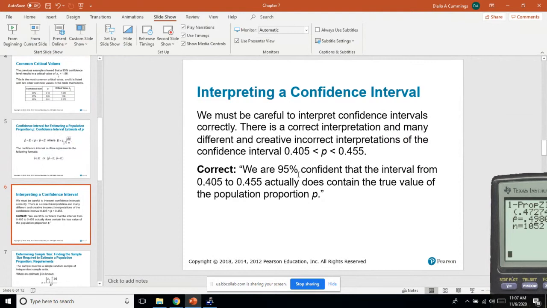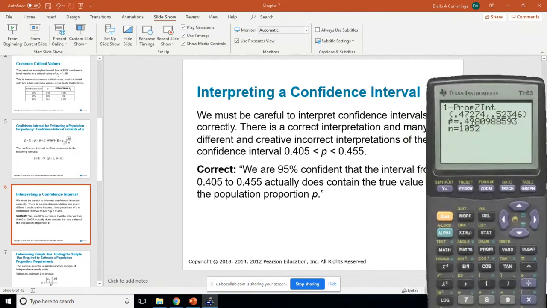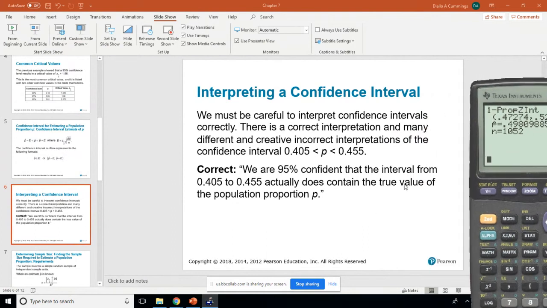We should be 90% confident, because our confidence interval was 90%, that the interval from 0.473 to 0.523 actually does contain the true value of the population proportion.